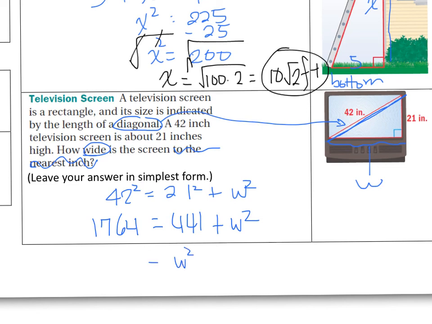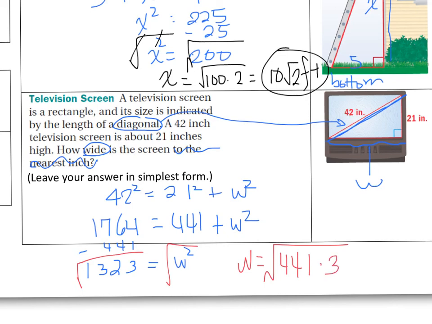And let's see, subtract 441. 1323. Okay, let's take the square root of this. So w is 441 times 3. So 21 square root of 3 inches.